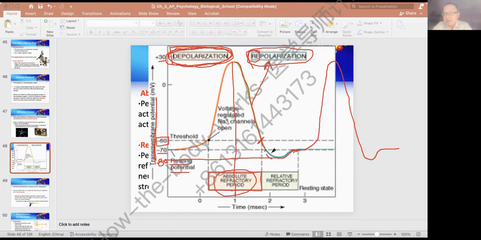So in the relative refractory period, from that picture we can see that the duration is from minus 70 mV to the next minus 70 mV, which is called a resting potential.